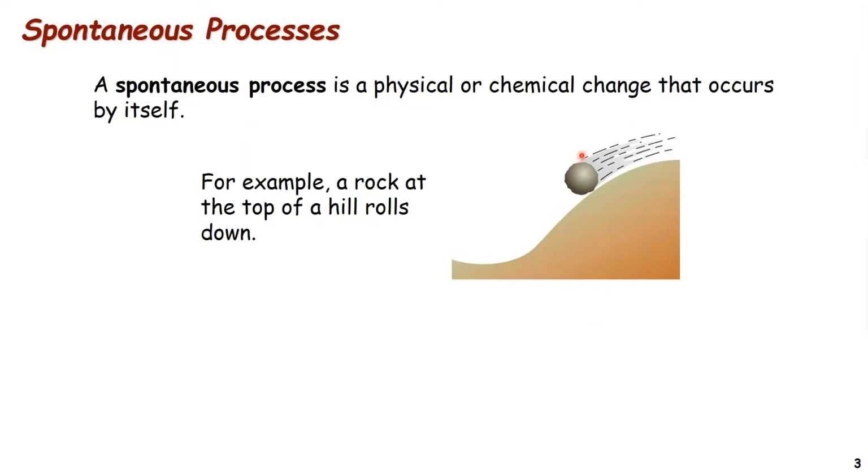That is still a spontaneous process. Just because I had to give the rock a little kick doesn't make it non-spontaneous. So the fact that the rock rolls downhill is spontaneous, even if I had to give it a little kick of energy, an activation energy, let's say. Get it? Okay?